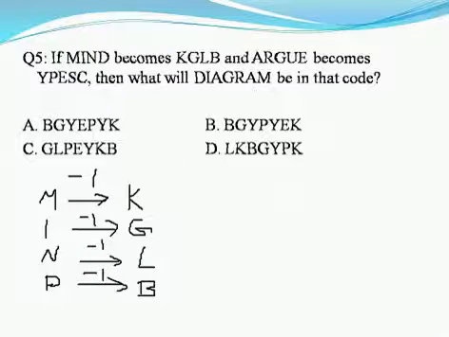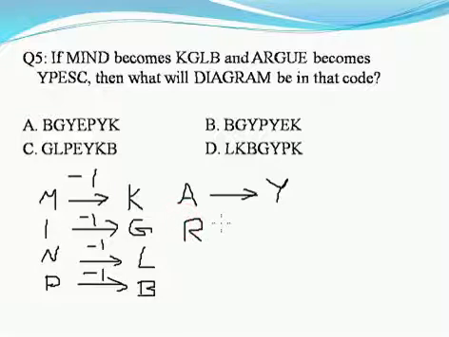I'll check with argue as well. A is being replaced with Y. Okay, I'll tell you about this. I'll go to the next one as well. R is being replaced with P. First I'll tell you about this, because many will be confused with A and Y. R is being replaced with P. P, Q and R. So here the key is -1.